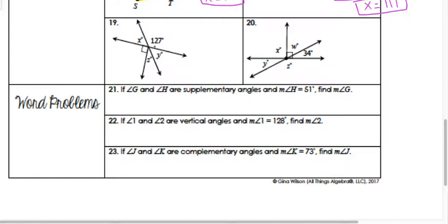Now, if we looked at it vertically, I'm going to change my highlighter here. Okay, let's look at the piece that it's telling us. It's telling us that this angle right here is 127. If you look at the vertical, that would be from here to here.